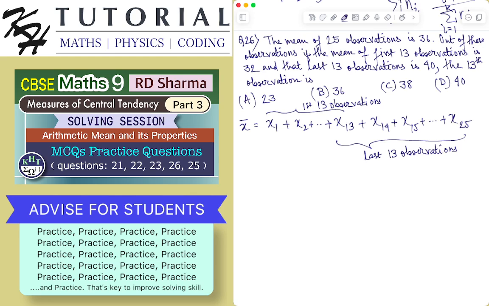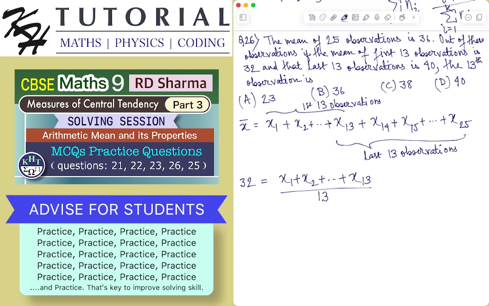Out of these observations, the mean of the first 13 observations is 32. So I must have 32 equal to the sum of the first 13 observations, which is x1 plus x2 up to plus x13, divided by the total number of observations, 13.